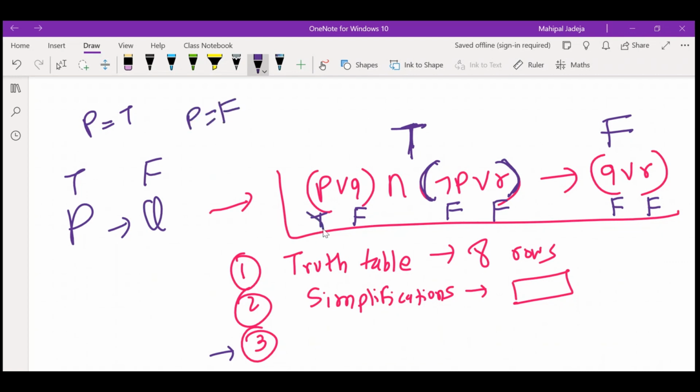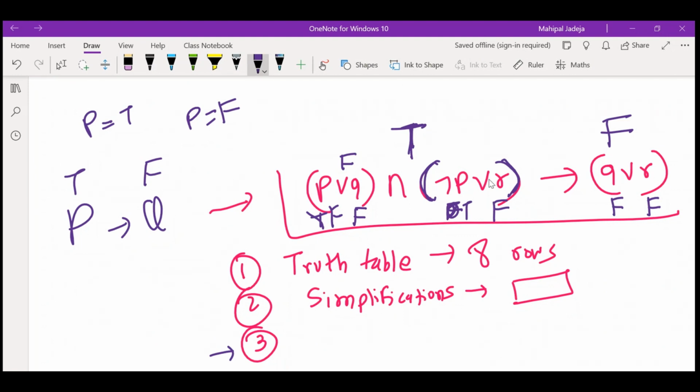If P is equal to false, then negation P will become true, but as you can see, the first subcompound proposition will become false. And if you have false conjunction with any other compound proposition, your final answer will remain false. So we have just shown that this case is never possible. That means the entire compound proposition is always true.